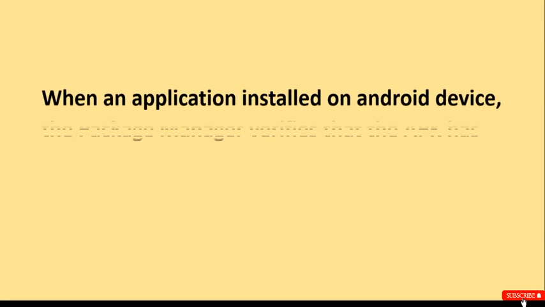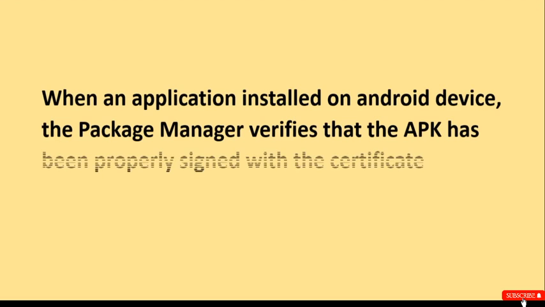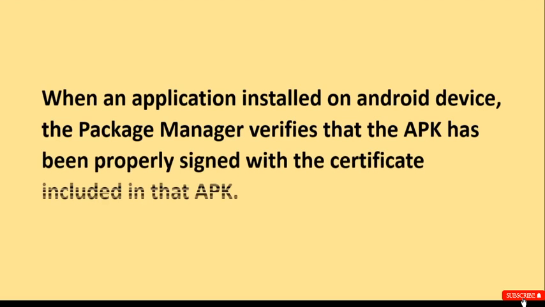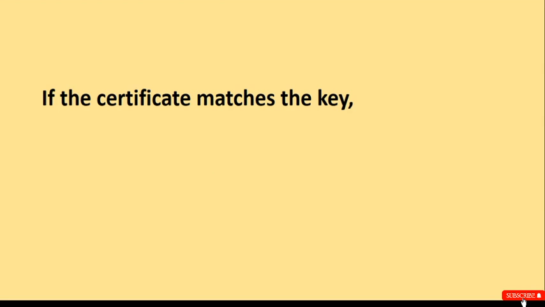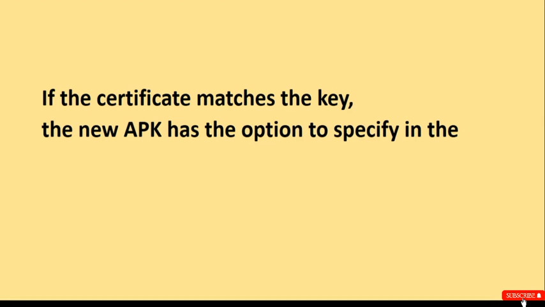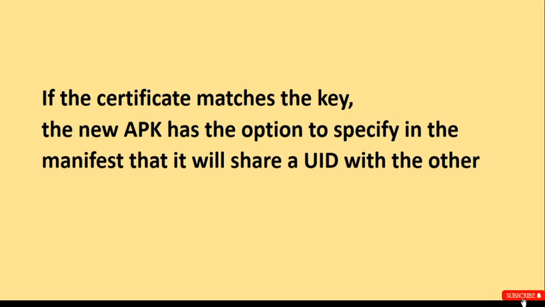Now when an application, or APK file, basically applications are APK files, is installed on an Android device, the package manager is the entity that verifies that the APK has been properly signed with the certificate included in the APK. If the certificate, or more accurately the actual public key in a certificate, matches the key that is used to sign any other APK in a device, then the new APK has the option to specify in the manifest that it will share a user ID with other similarly signed APKs, right?